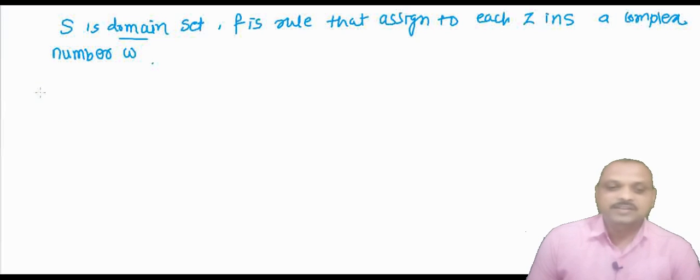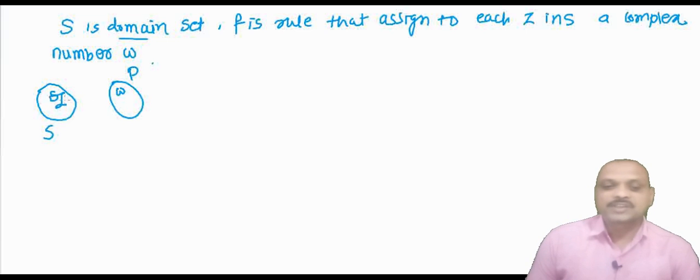This is my S, which consists of a set of complex numbers Z, and here is another set, suppose that set is P, which consists of again complex numbers. Whenever we assign each member Z to a member W, then such a type of relation is called a function.